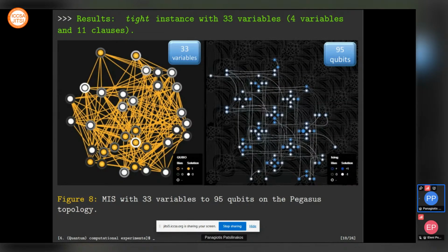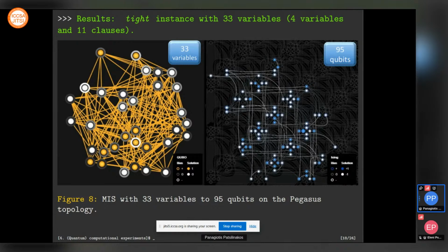I tried to solve a tighter instance of the 3-SAT problem with 11 clauses, so 33 variables, and we obtain this maximum independent set graph with 33 variables, and here the machine requires 95 qubits.